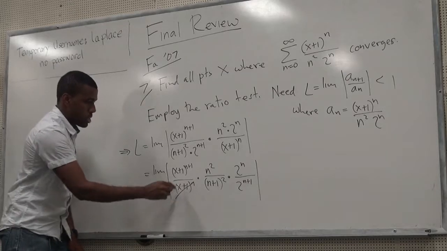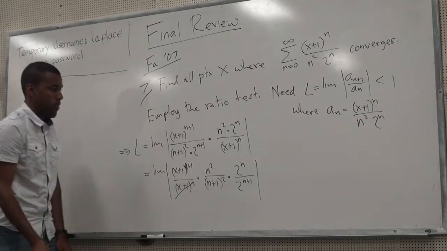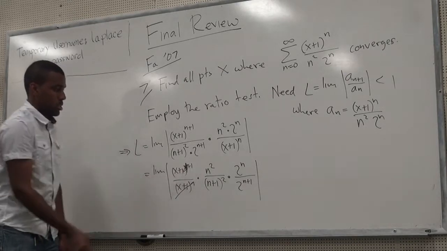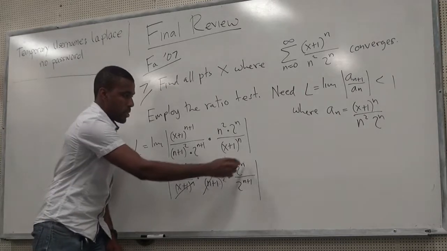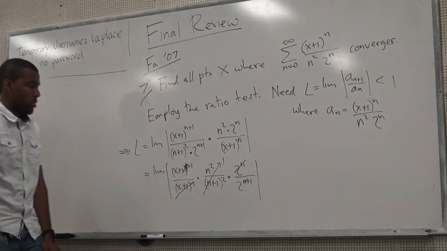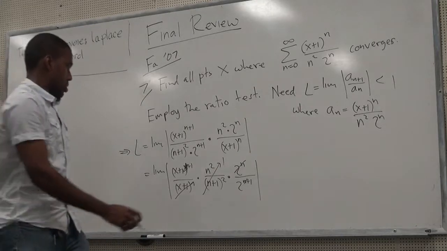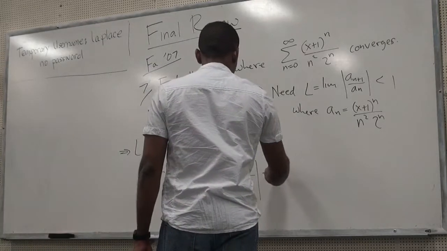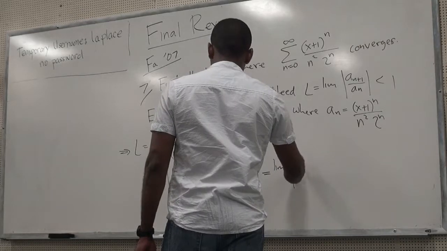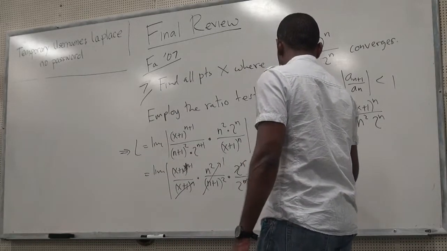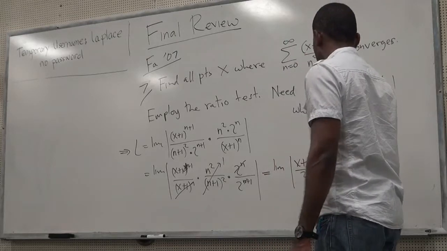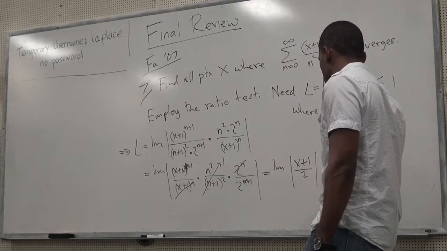Rearrange, so this cancels into the n. This is of course going to go to 1. This cancels that, so you just have a 2. And so you end up with |x+1| over 2. And you set it less than 1 for convergence.